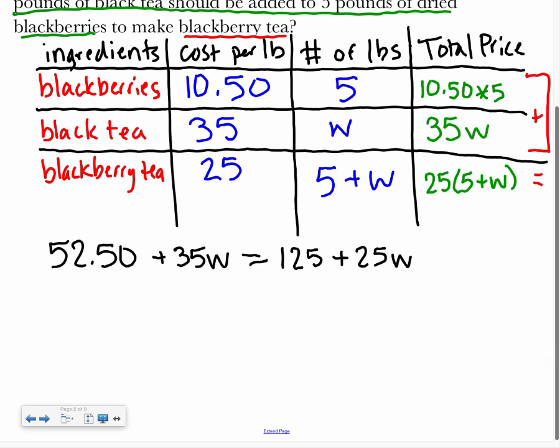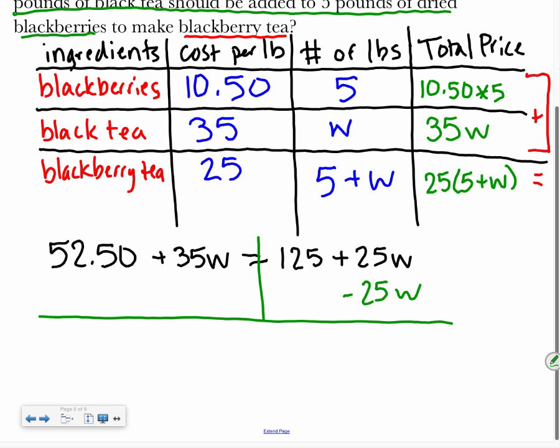Now this looks exactly like what we've been doing all chapter. I can tee it up. I'm going to subtract 25W from both sides so my W's are left on the left side. I now have 52.50 plus 10W equals 125.